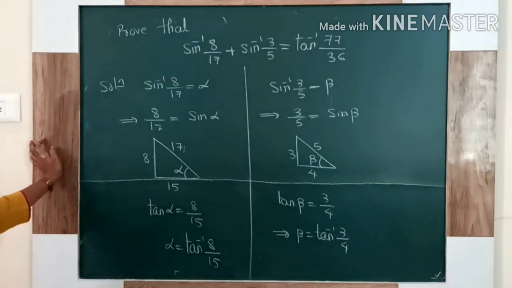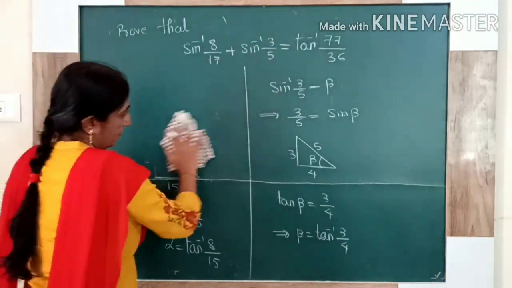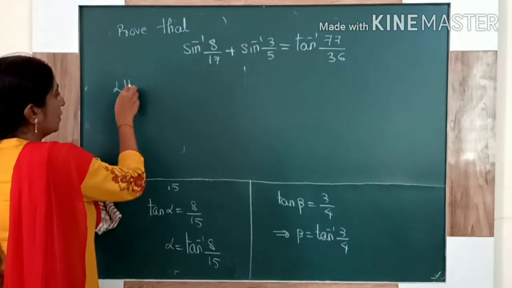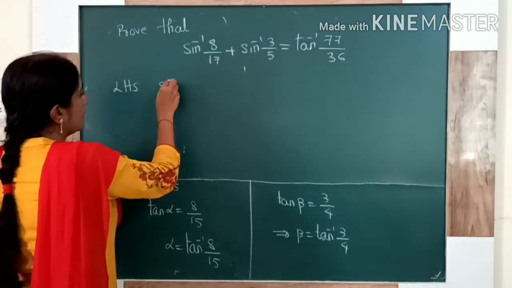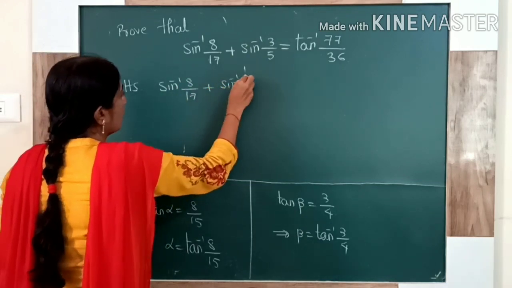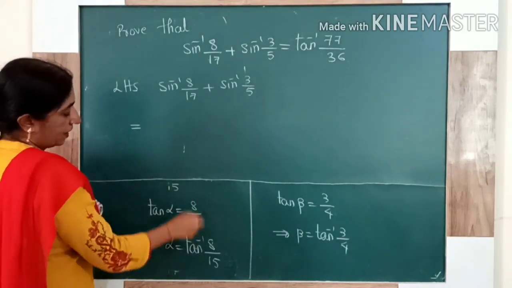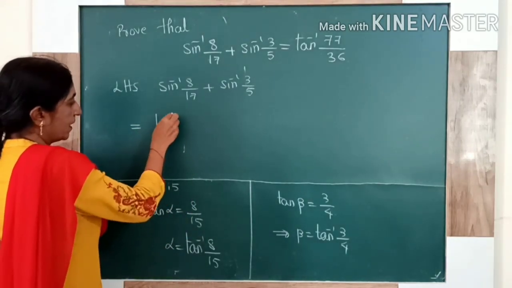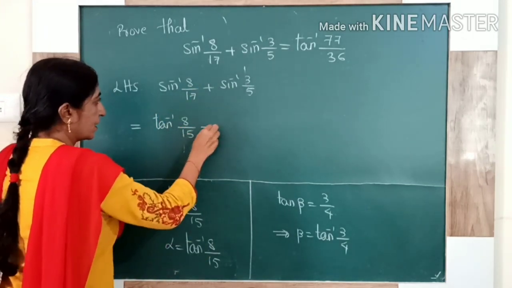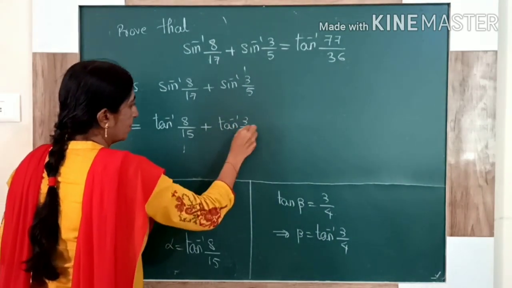After converting everything into the form of tan, now write down the LHS. Sin inverse 8 by 17 plus sin inverse 3 by 5. After writing the LHS, write down this converted value. Sin inverse 8 by 17 is nothing but tan inverse 8 by 15, and sin inverse 3 by 5 is tan inverse of 3 by 4.